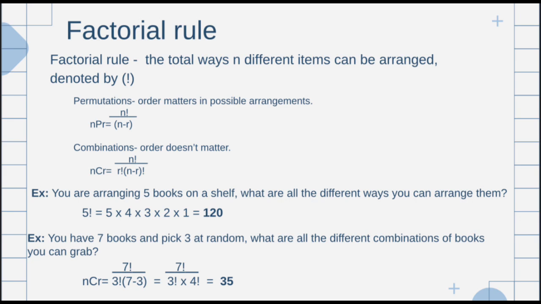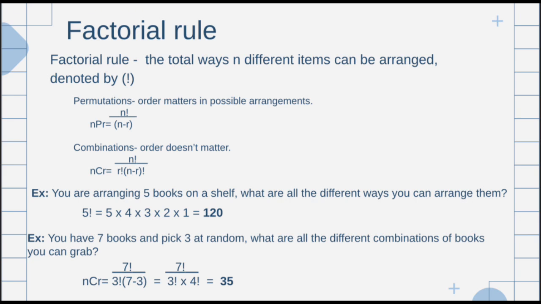So these are all being counted differently because they're all different books. To find this, you take 5 exclamation mark, because that's showing all the different ways the 5 books can be arranged. So basically what the exclamation mark means is 5 times 4 times 3 times 2 times 1. But if you have a calculator, you can just put the 5 exclamation mark in, and this equals 120.